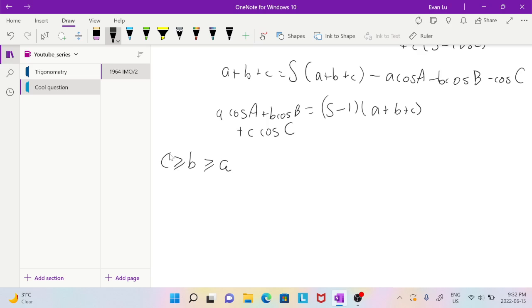Because if you imagine a cos graph, we know A, B, C are less than or equal to 180 degrees, or pi. Up to 180 degrees, it's always a decreasing function. And that means that cos A is greater than or equal to cos B is greater than or equal to cos C.